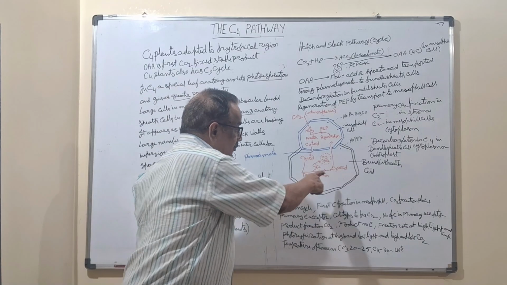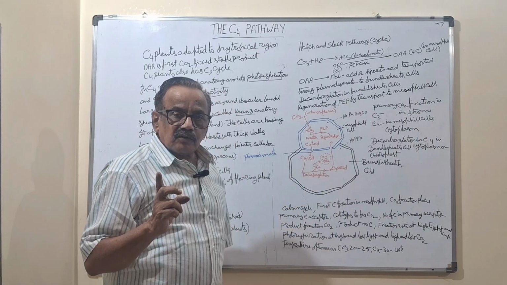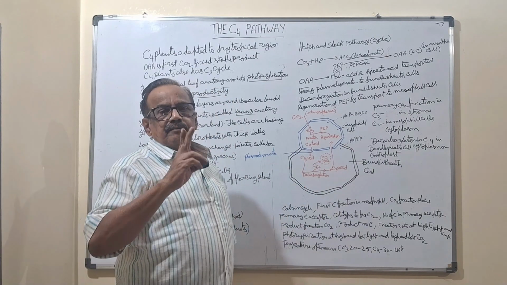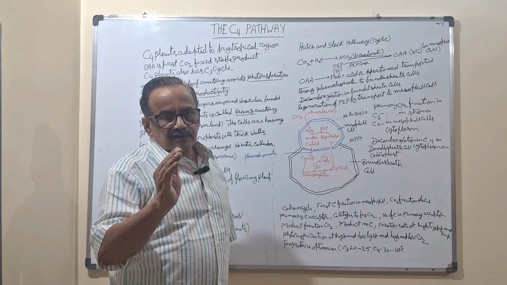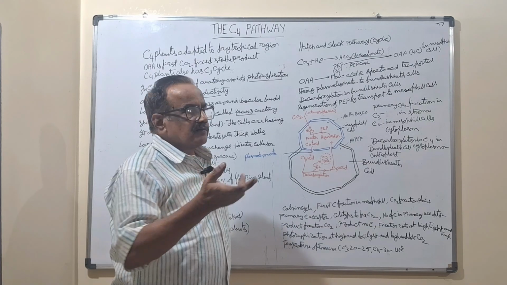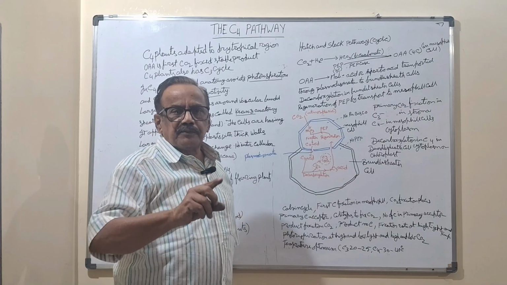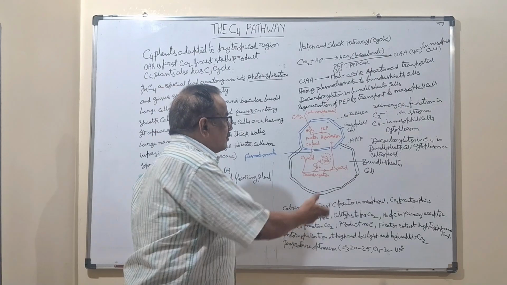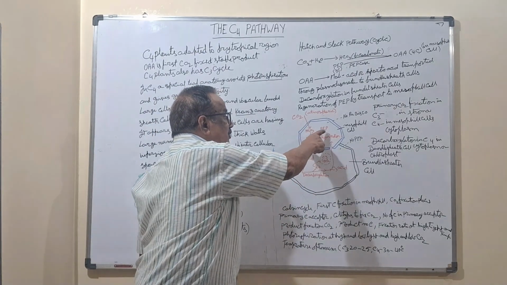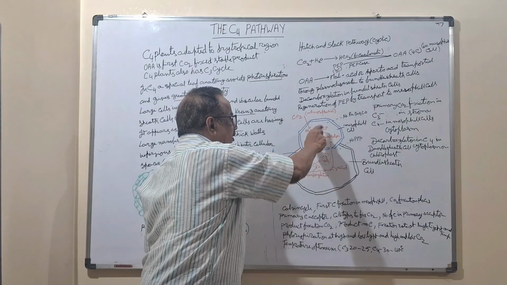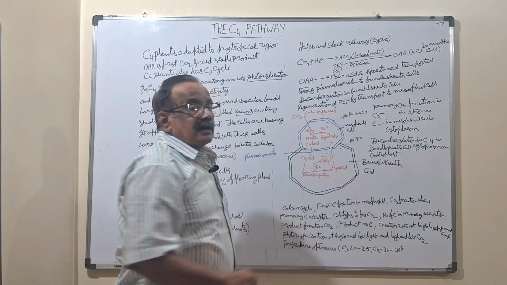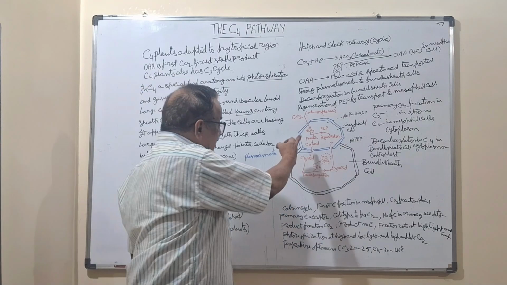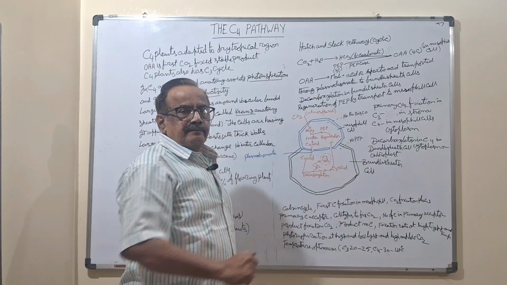But here, pyruvic acid, the 3 carbon compound, will become phosphoenol pyruvate, meaning it requires phosphate. So by taking the phosphate, it will become phosphoenol pyruvate in the mesophyll cell. So in this way it is going cyclically.